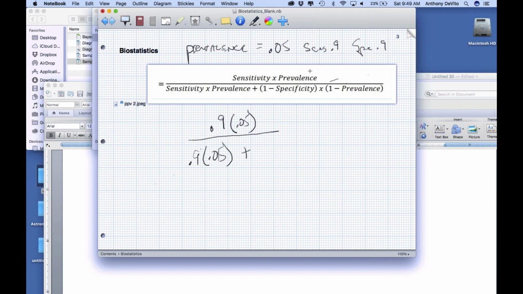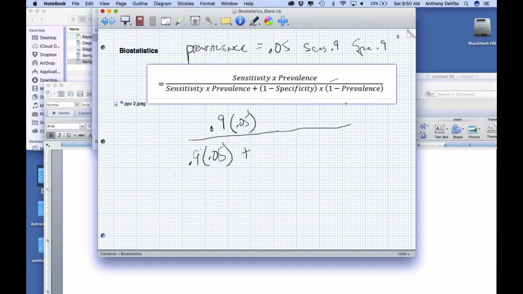Plus the number of people that didn't have the disease that tested positive. So the number of people that didn't have the disease is 1 minus the prevalence. The number of people that incorrectly tested positive that didn't have the disease is 1 minus the specificity. 90% of them were correct, so 10% of that population doesn't have the disease but tested positive even though they didn't have it.